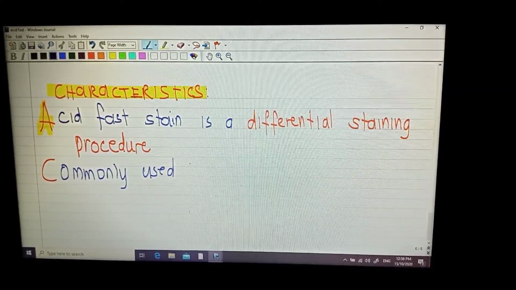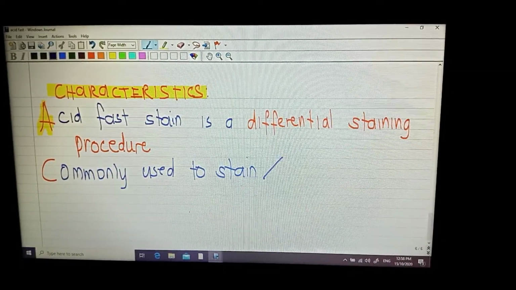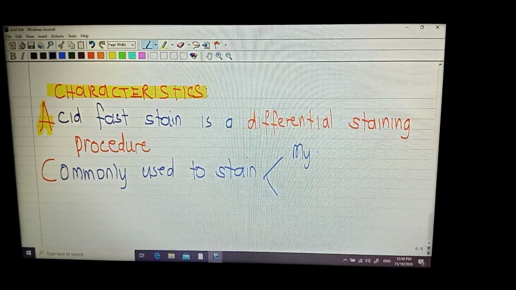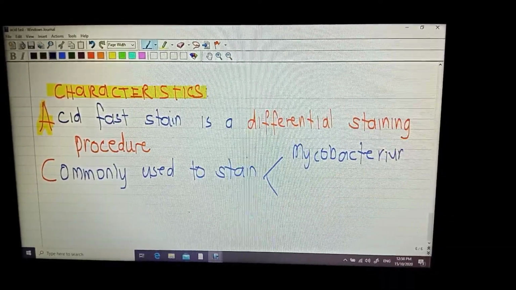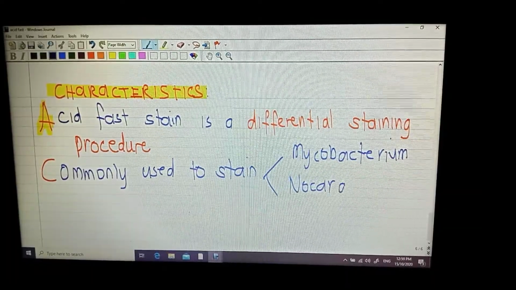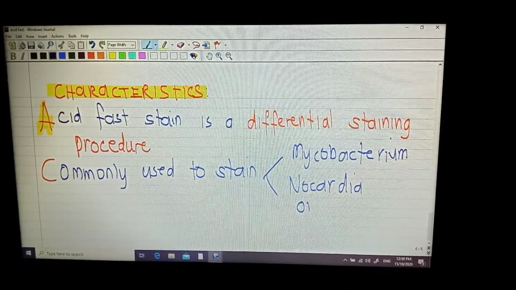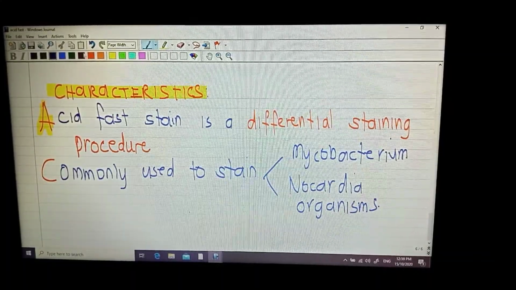commonly used to stain your Mycobacterium and your Nocardia organisms. Okay.